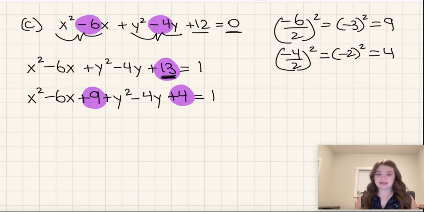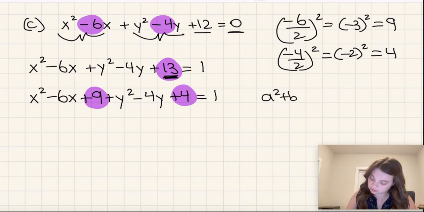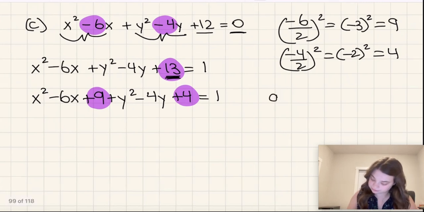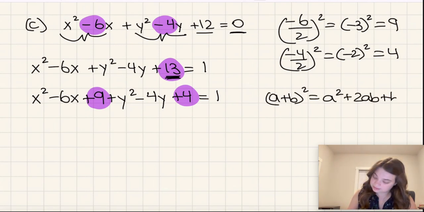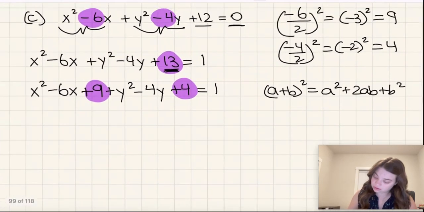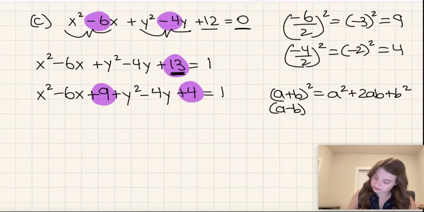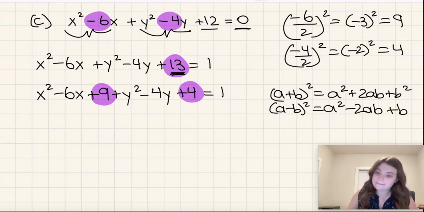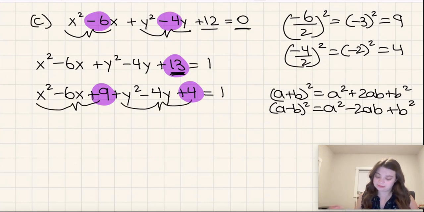We're going to finish the completing the square process by recalling that (a plus b) squared is equal to a squared plus 2ab plus b squared. Also recall that (a minus b) squared is equal to a squared minus 2ab plus b squared. So I'm going to do that with the x terms and the y terms separately.